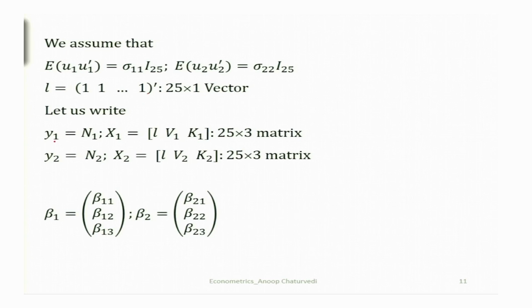Now, suppose we write y1 equal to N1, X1 equal to L V1 K1. So, this X1 is a 25 cross 3 matrix, and y2 is equal to N2 and X2 is equal to L V2 K2. So, again X2 is also a 25 cross 3 matrix. Beta 1 is equal to beta 1 1, beta 1 2, beta 1 3, beta 2 is equal to beta 2 1, beta 2 2, beta 2 3.